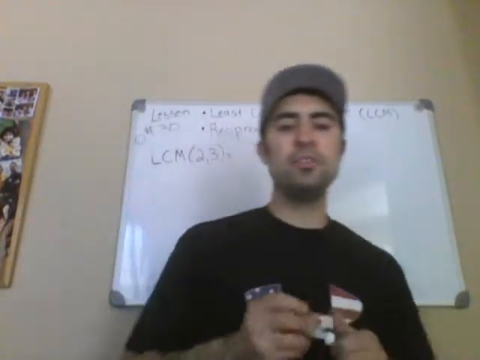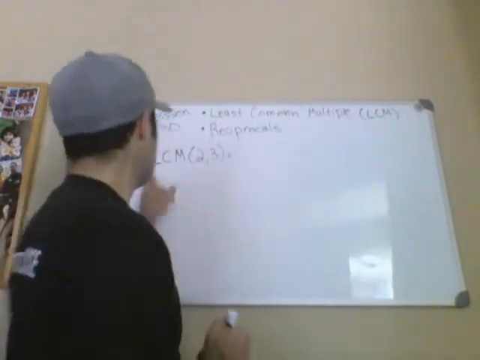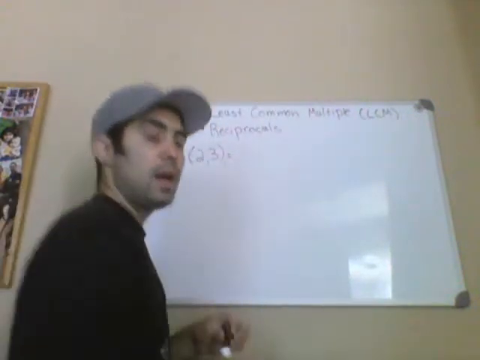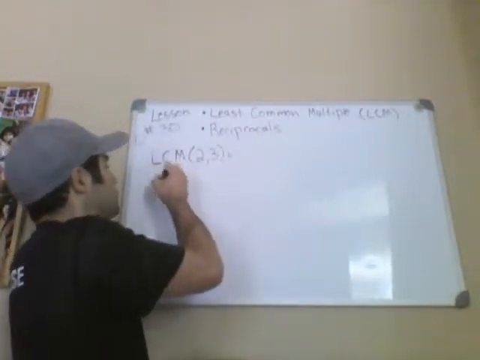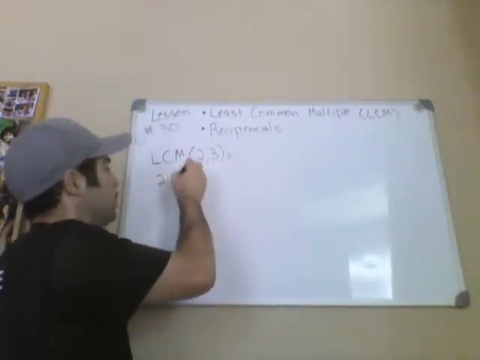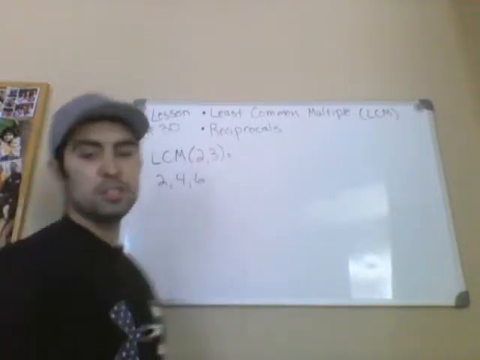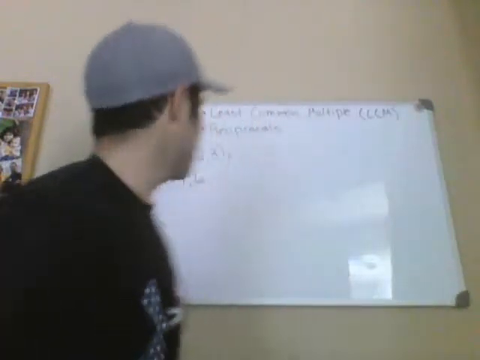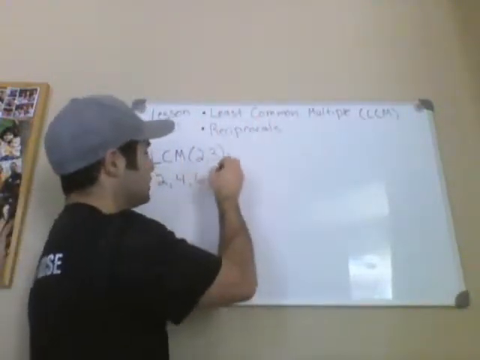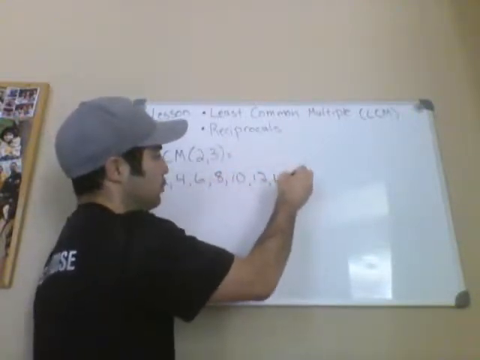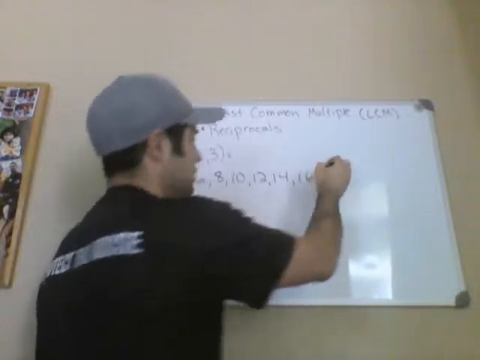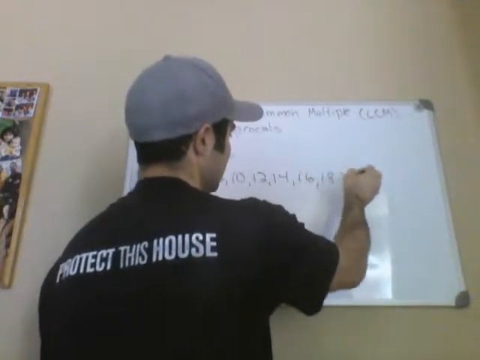Okay, so let's go ahead and do a simple problem with LCM, least common multiple. You guys know what multiples are. Multiples are when you take 2 times 1 is 2, 2 times 2 is 4, and you just list them all out. You guys can probably do it really fast. 2, 4, 6, 8, 10, 12, 14, 16, 18, 20.